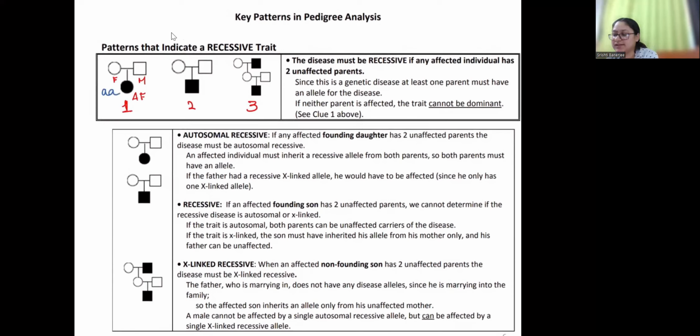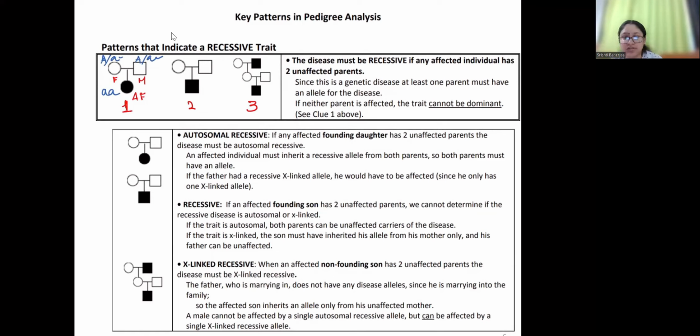So the mother and father were both heterozygous in this case, and each transferred an a allele to this individual, and that became diseased. So this is one case of recessiveness: if any affected individual has two unaffected parents, in such a genetic disease, at least one parent must have the allele for the disease.